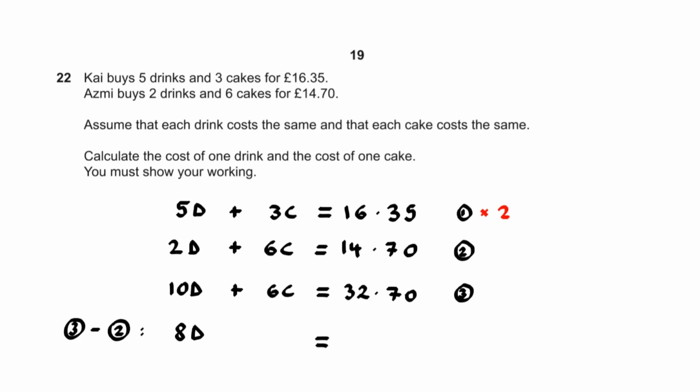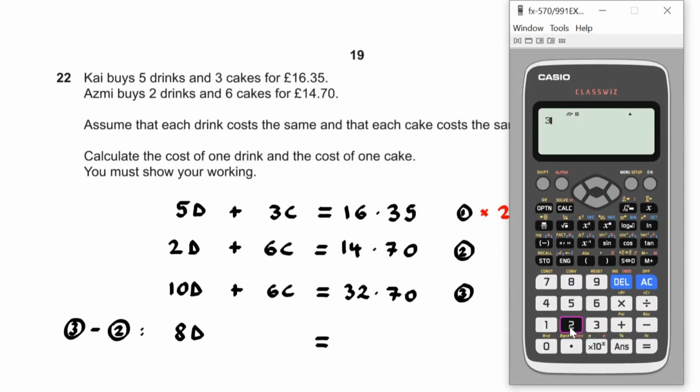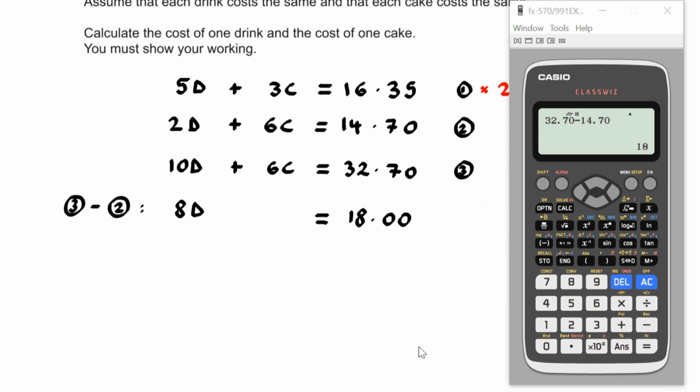And then if we work out 3270 subtract 1470, we get 18. 8d is equal to £18. And if I now divide both sides by 8, we get d equals £2.25.